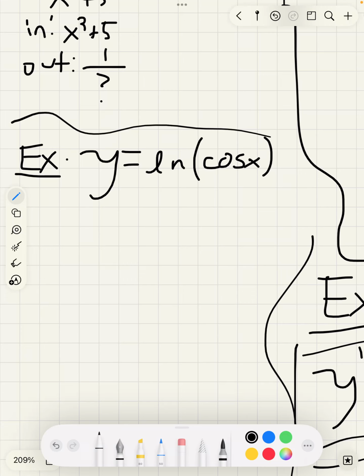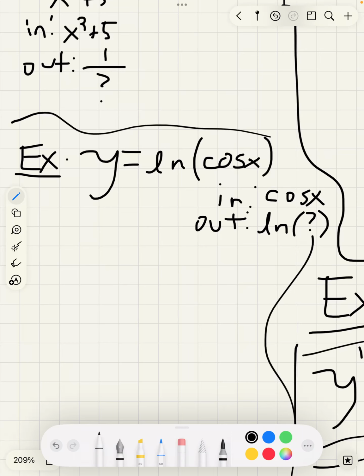All right, natural log of cosine of x. Well, when I go to find my derivative, I'm going to benefit from identifying what the inside and outside functions are. So my inside function is cosine of x. My outside function is natural log of stuff.